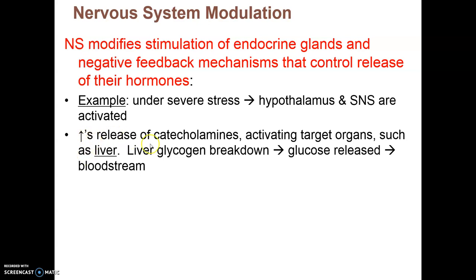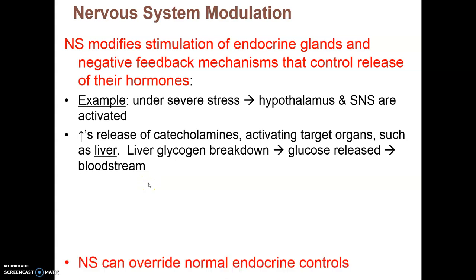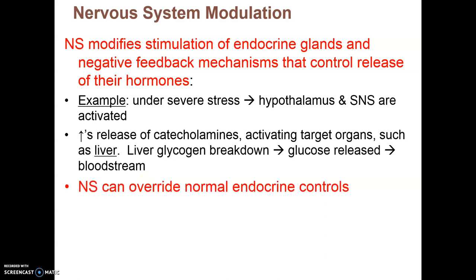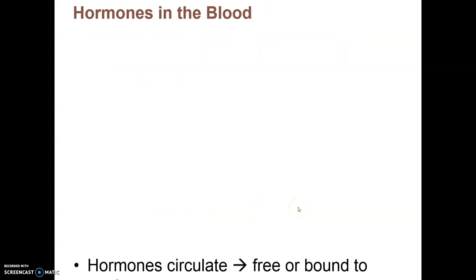Due to the increased release of epinephrine and norepinephrine, these hormones work on liver cells, and in the liver the stored glycogen is broken down, so more glucose is released in the blood when we are under stress. The nervous system can also override endocrine control.